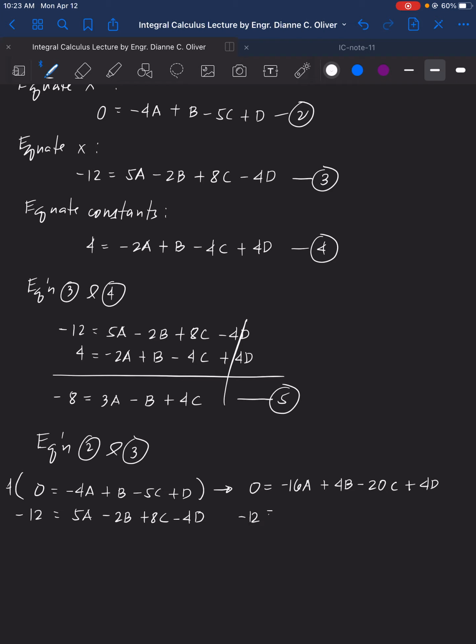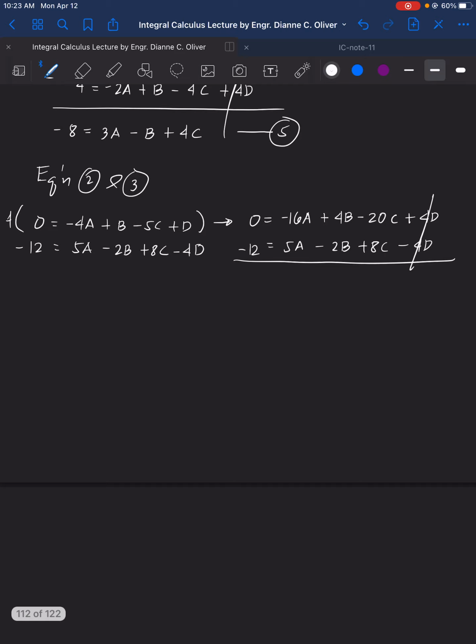Then copy the equation 3. Negative 12 equals 5a minus 2b plus 8c minus 4d. Then we will cancel out 4d here. Then what's left will be negative 12 equals, this becomes negative 11a plus 2b minus 12c. So this becomes equation 6.